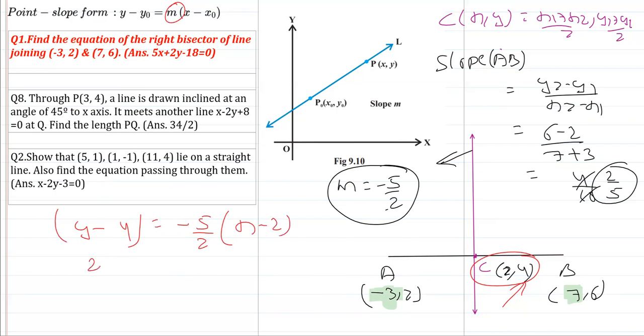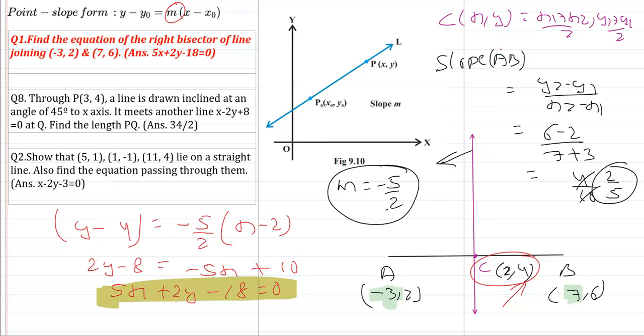Now simplifying it further, it is 2y minus 8 is equal to -5x plus 5 into 2 is 10. Writing in the standard form, 5x plus 2y, transposing 10 to the left, it is -18 equal to 0. And therefore, this is the equation of the required line.